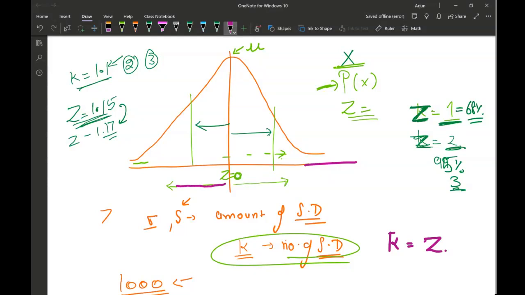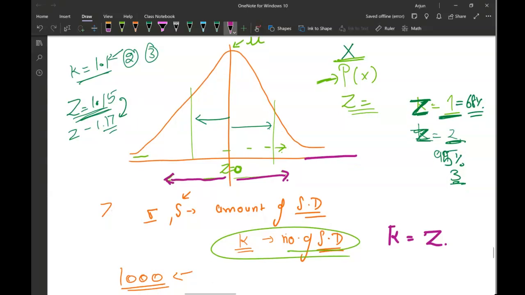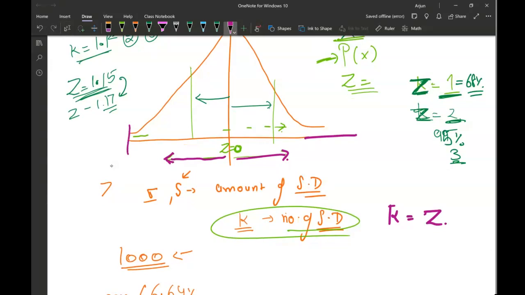So on the left-hand side there will be negative values, on the right-hand side there will be positive values. So that's how it's going to look. And the minimum z value is minus 3.6, and the maximum z value is positive 3.6.